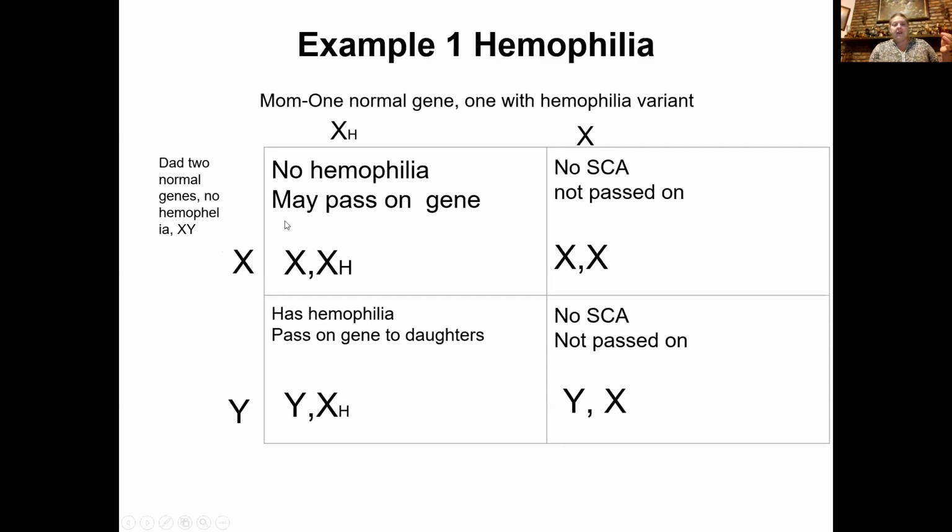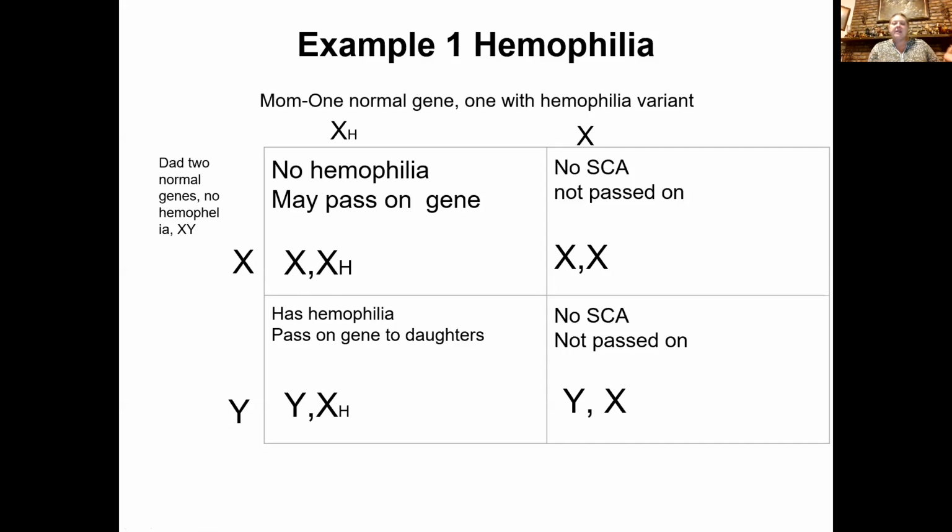How does someone get hemophilia? Well, we'll see. So this child, once again, we have the X with the hemophilia variant on it, and then this X is a normal X. So this female does not have hemophilia, although she does carry that variant for hemophilia.